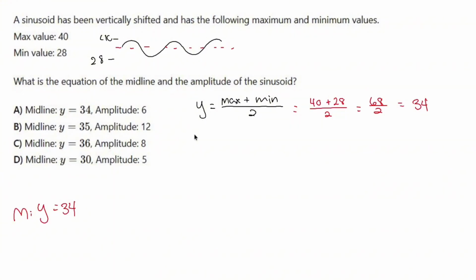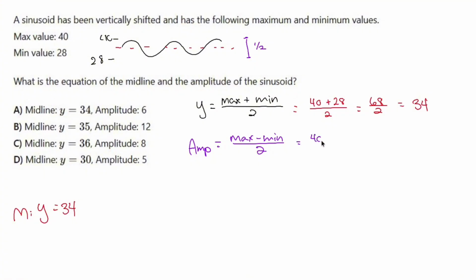My amplitude is going to be very similar, but it's half the distance of the total max to min. Okay, so it's going to be from here to here, but half of it. That's the amplitude. So we will say that the amplitude is going to be the maximum minus the minimum all over 2.